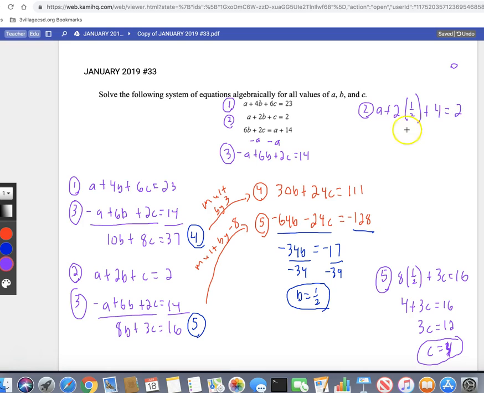That should equal 2. And then evaluating this, we'd have a plus 2 times 1/2, which is 1, plus 4 equals 2, or a plus 5 equals 2, which means that a would have to equal negative 3. So the solution to the system is that a is negative 3, b is 1/2, and c is 4.